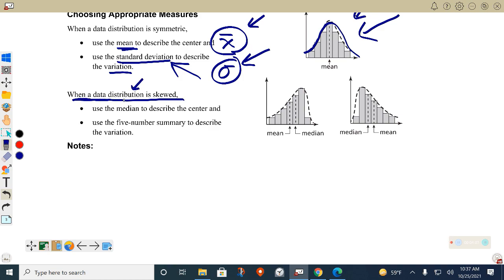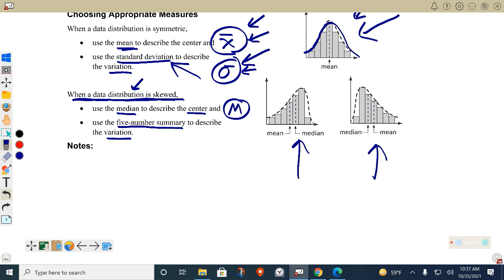When a data spread is skewed, like skewed to the left here, or skewed to the right here, then we use the median to describe the center, not the mean. We use the median. I'll put capital N for median. And we use a 5-number summary to describe the variation, not the standard deviation.